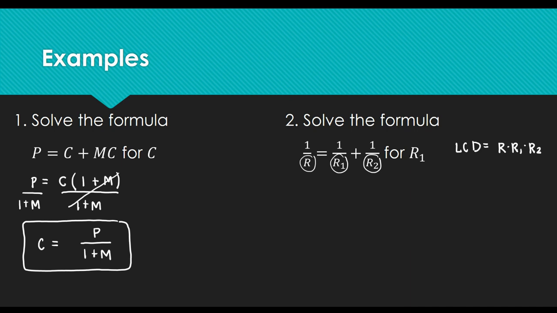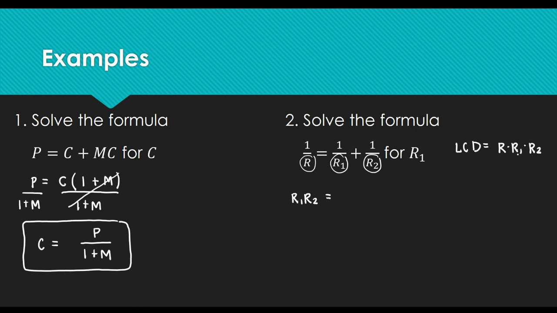Once again, hopefully you're okay with just following along. If I'm multiplying that least common denominator by 1 over R, the R's are going to cancel. So the numerator of 1 gets multiplied by R1 and R2. That equals the second fraction.